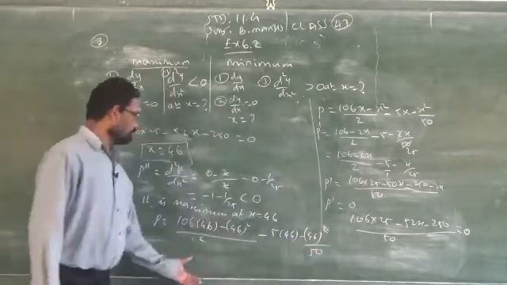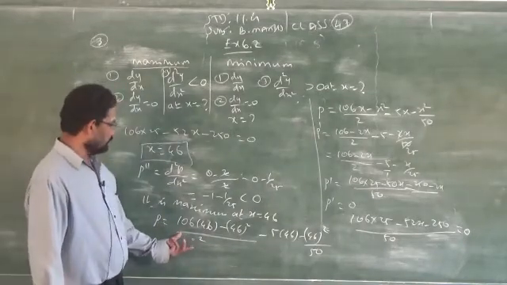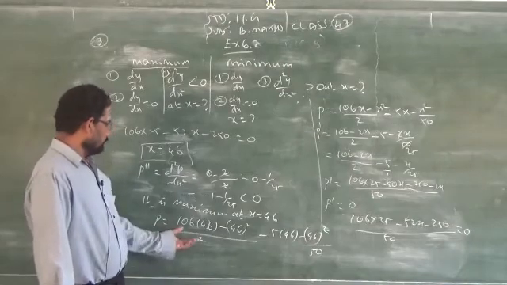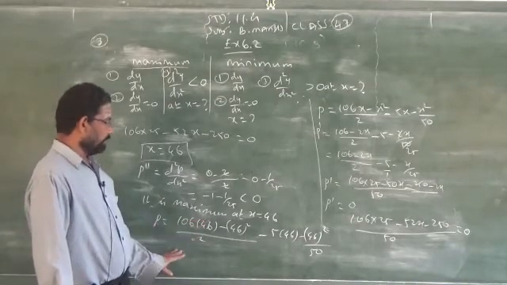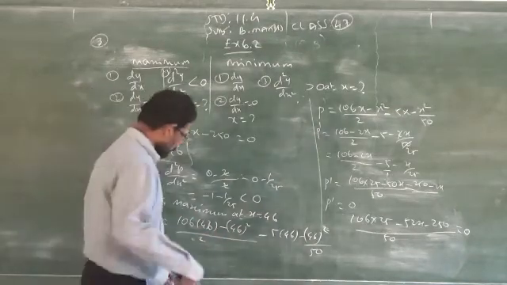So just you have to simplify and write down the answer. You are allowed to use a calculator. Please use the calculator and simplify. Clear? So don't ask me, sir, how do you get this answer? This is only simple calculations. You have to use a calculator and simplify, you will get the answer. Clear?